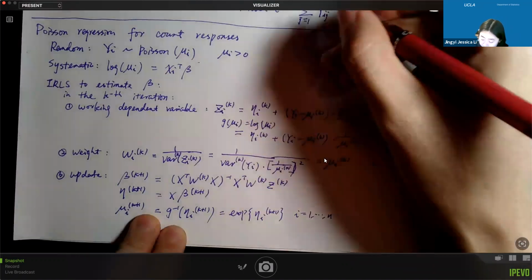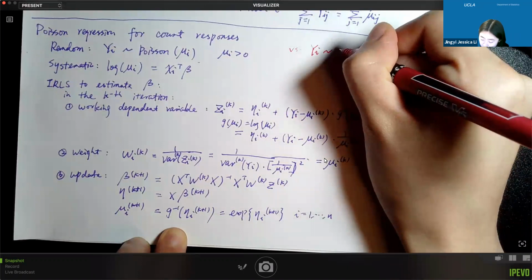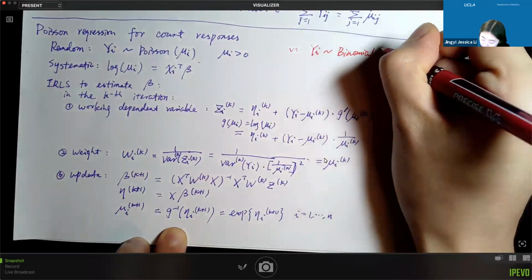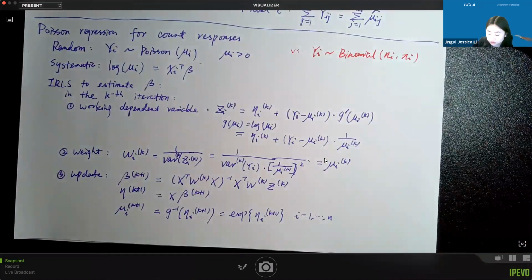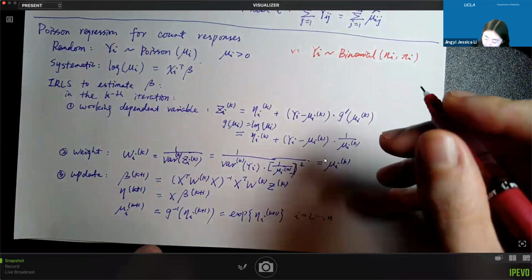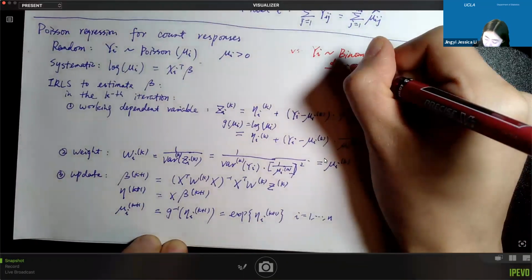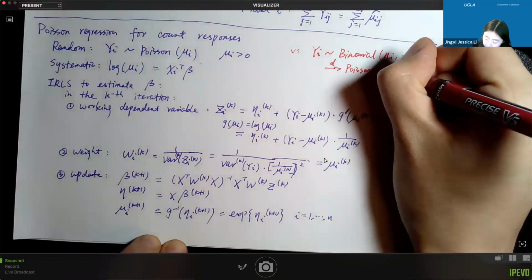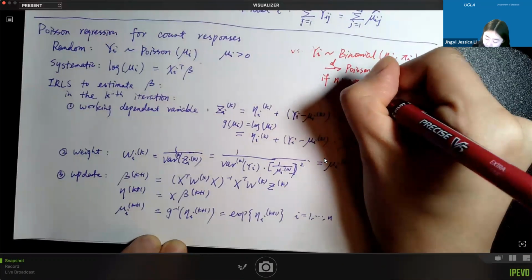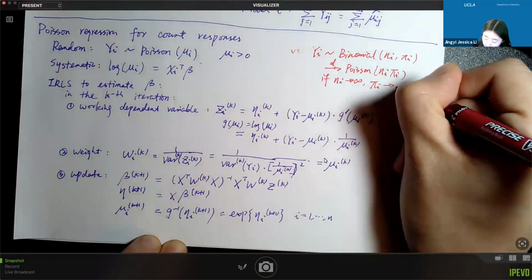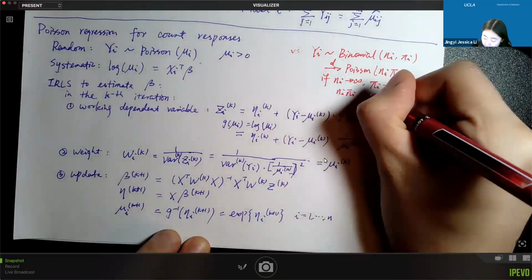So if we compare this to yi following binomial(ni, pi i), this distribution would converge to the Poisson distribution with mean ni times pi i if ni is going to infinity and pi i is going down to 0, while ni times pi i converges to some constant.